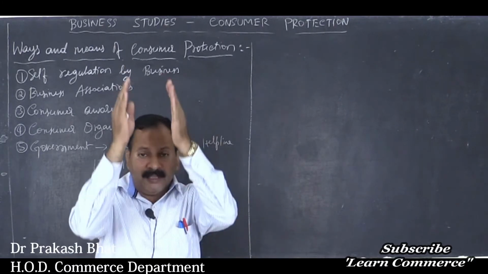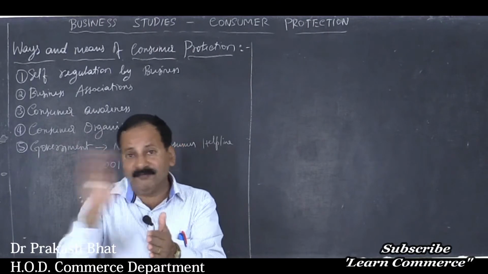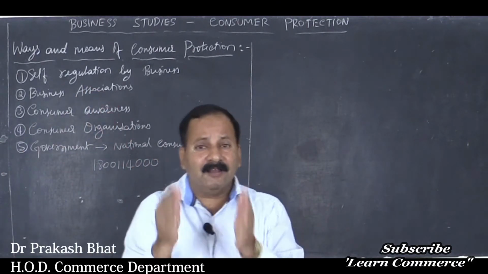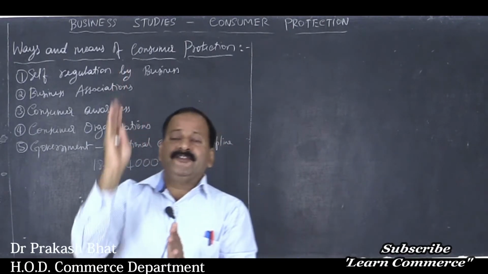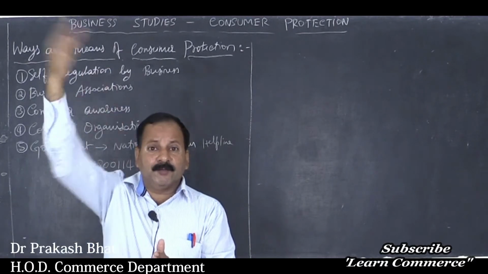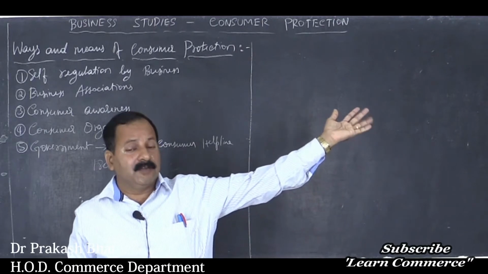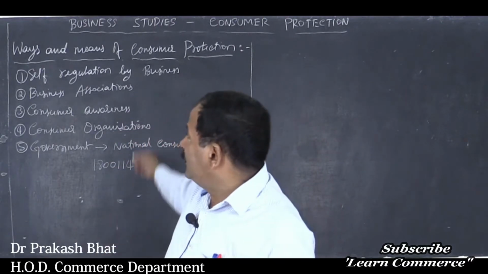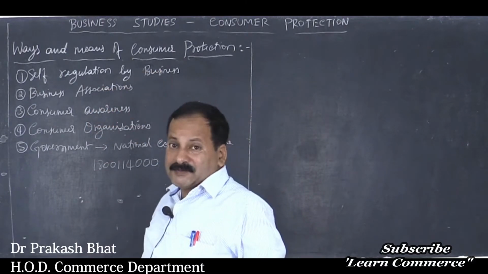They have their own rate chart for hair cutting, shaving, foam shaving, massage, all these things. For each and every service given by the barber, there is a rate chart. For this much amount you should collect. If any barber charges more than that, then you can file a complaint with the association, isn't it? So like that, business associations can protect the consumers.